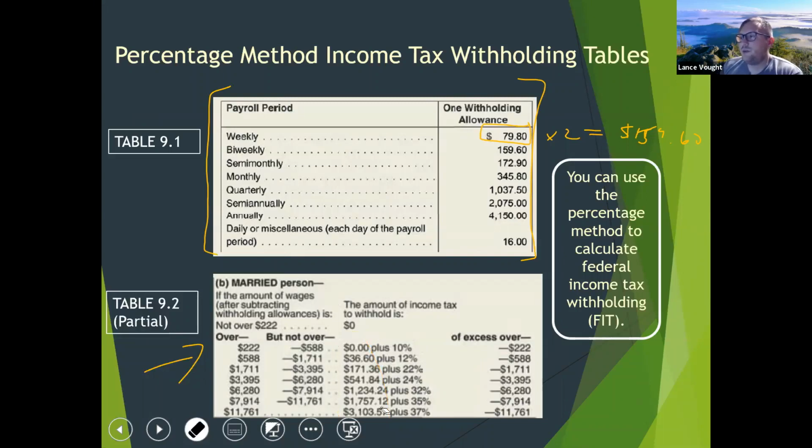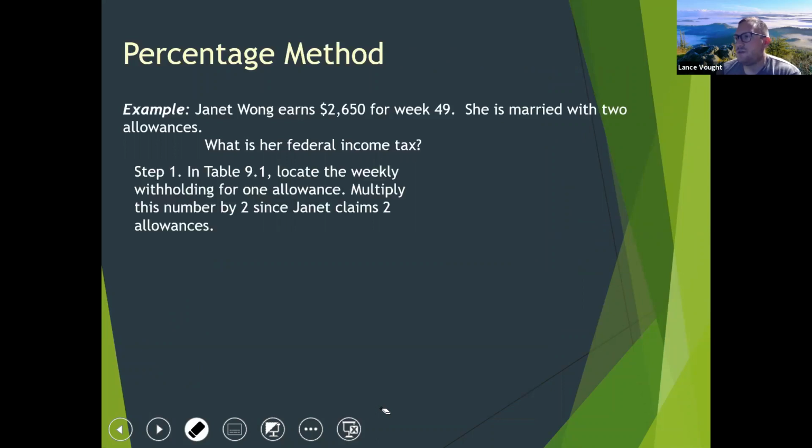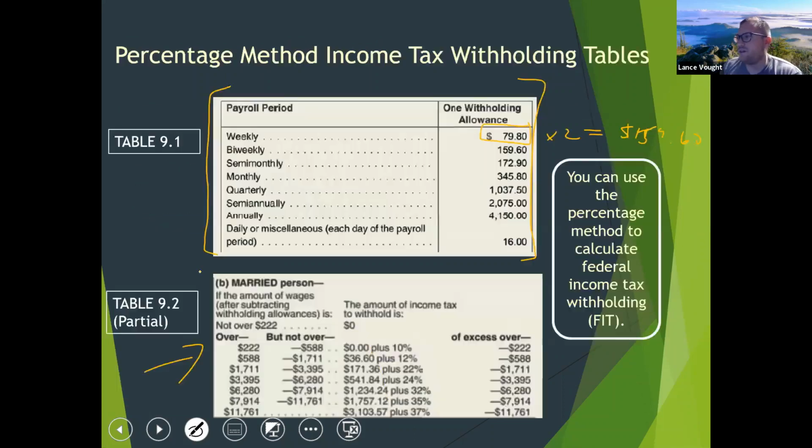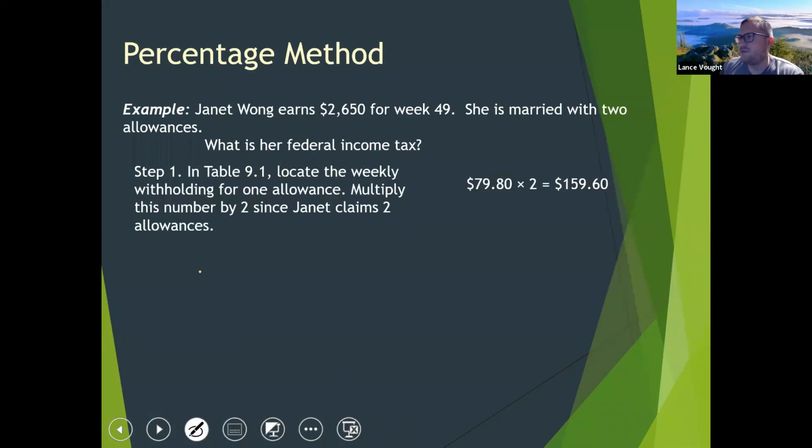So if we use this information, we can actually calculate her income tax. So if she makes $2,650, she's married with 2 allowances. We know that she has 2 allowances, so based on that, we're going to subtract $159.60 from her salary. So that leaves her with, let's see here, $2,490.40.